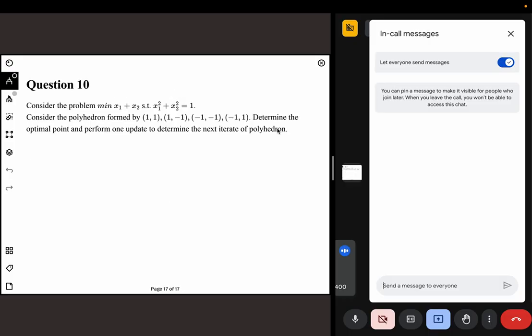Now we take the same problem and let's say you want to solve it. How do I solve it? Let's not do the complete solution, but let's say I started with something. This is my initial guess.